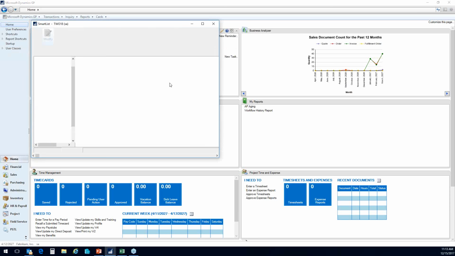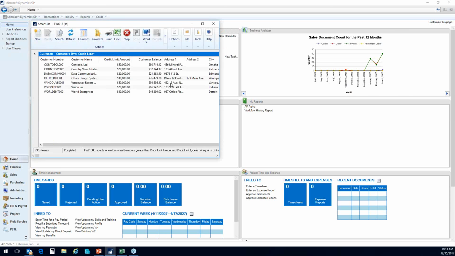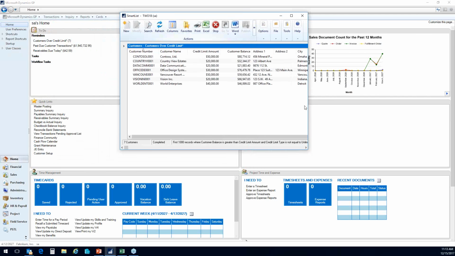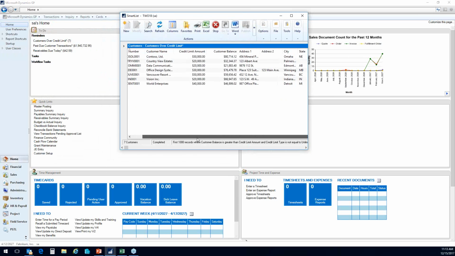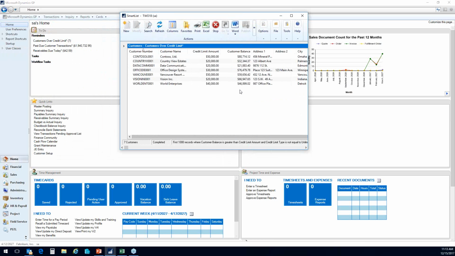Because these are hyperlinks back down into the data, you'll see that I can easily drill back in. When I click on the customers over their credit limit, I can drill back in and see who those customers are and what's going on with their balances. Once I open this query window, you'll notice it's labeled SmartList up at the very top left here.